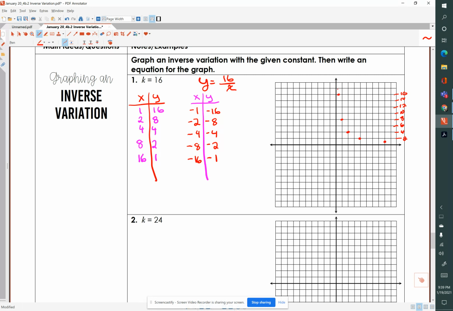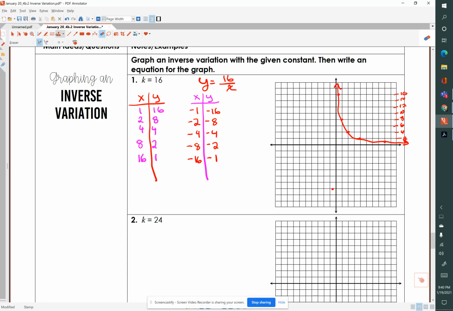Now take a look at this curve. And let's put our arrows on the end. Now let's plot the rest of it. We've got negative 1, 16, negative 2, 8, negative, I think I made a mistake with that point.